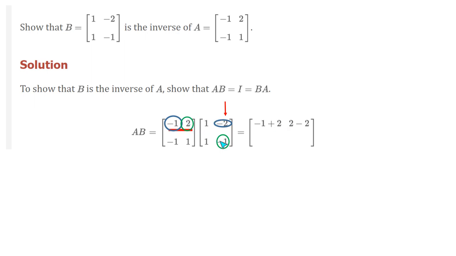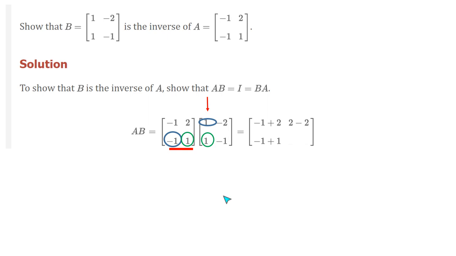And 2 times -1 is -2. Since I don't have any more columns, then we can go to the next row. So -1 times 1 is -1. And 1 times 1 is +1. And now we go to the next column. -1 times -2 is +2. And 1 times -1 is -1.